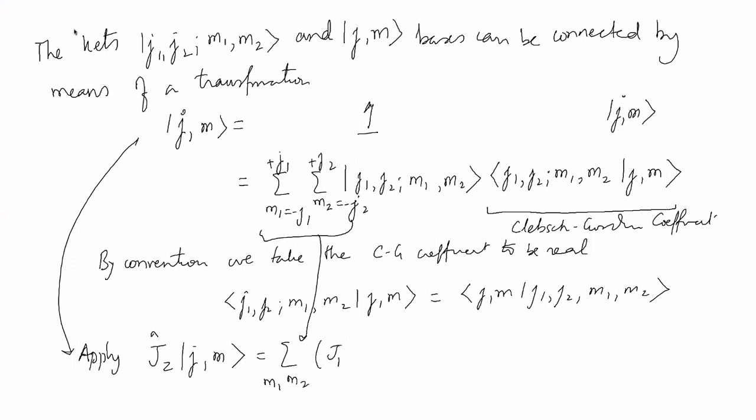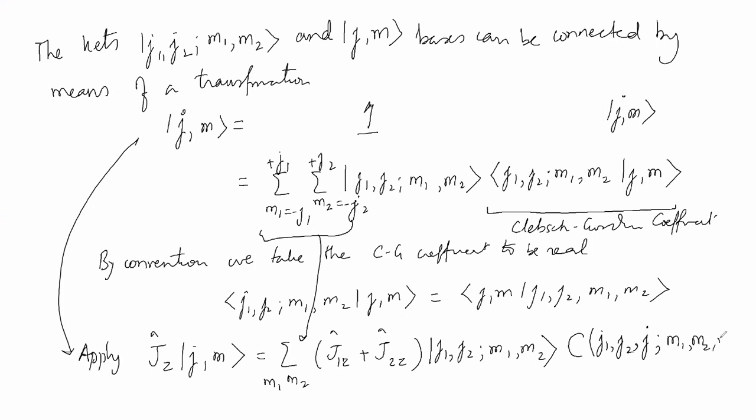Otherwise, in principle, I should write J1z plus J2z operating on ket J1, J2, M1, M2, and then we have a real number which we are writing as J1, J2, J, M1, M2, M. Recall my yesterday's lecture, I wrote this as J1, J2, J, M1, M2.